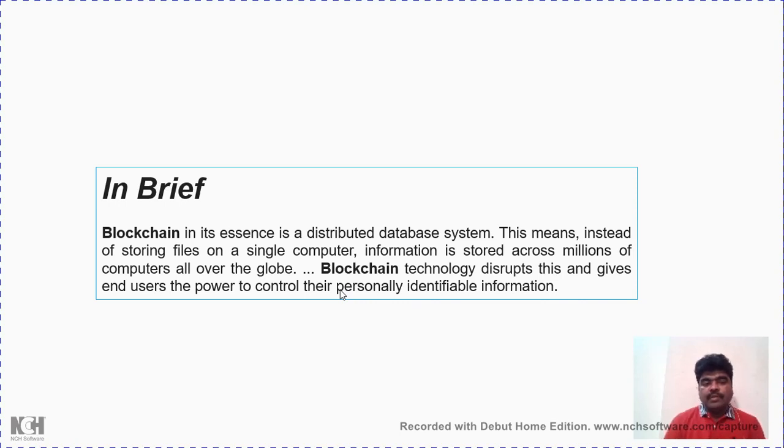In its essence, blockchain is a distributed database system. This means instead of storing files on a single computer, information is stored across millions of computers all over the globe. Blockchain technology disrupts this and gives the end user the power to control their personal identity information. So this is the end of the blockchain introduction. I hope you understand this introduction.